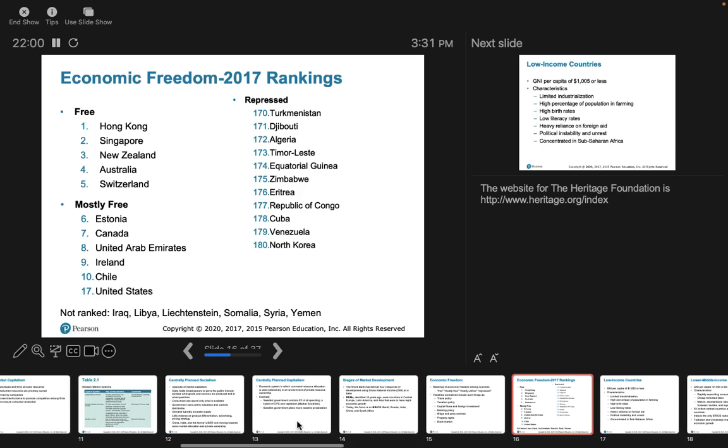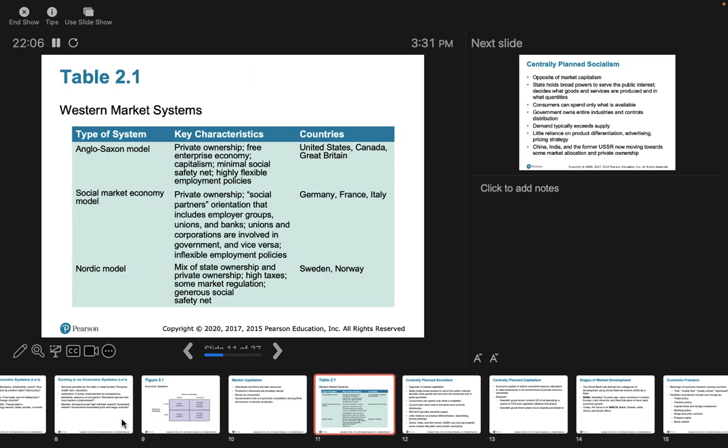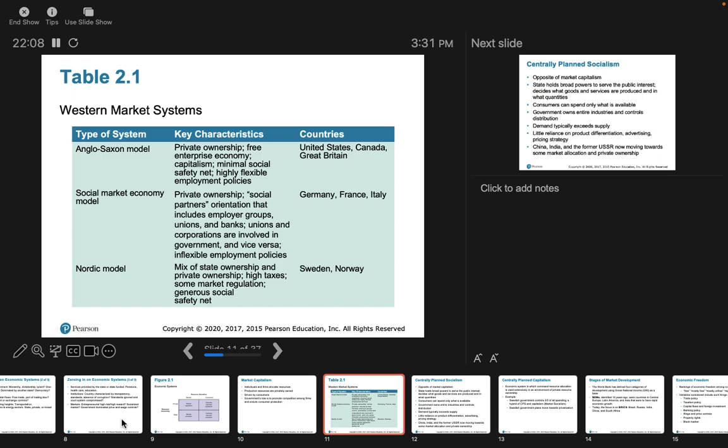And you still remember when we talked about the North American countries, we said though they operate the Western market system, the type of system in the Western market system is the Anglo-Saxon model. We also mentioned that in this economy they have a minimal social safety net and highly flexible employment policies.